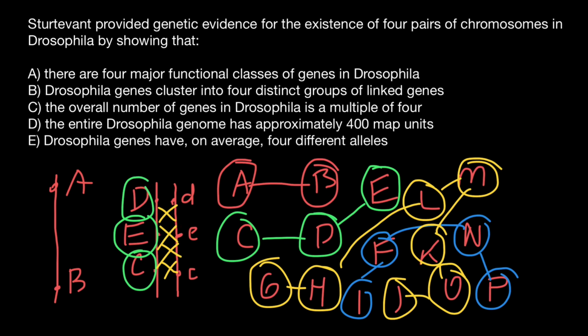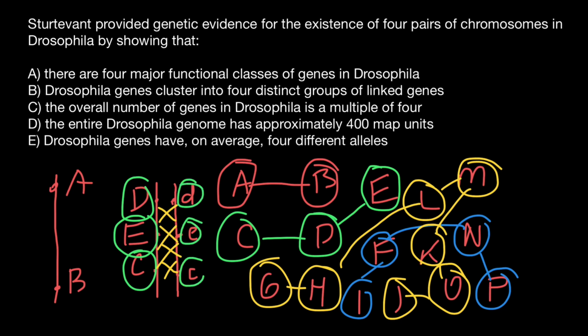For example, we may have a new combination of dominant D and recessive E and C, or recessive D and dominant E and C. But anyway, we would notice that still these genes have a tendency to be inherited together, and the higher the frequency of the two traits inherited together without recombination, the closer these two genes are to each other, and they are linked genes. So all genes on the same chromosome we call linked genes.